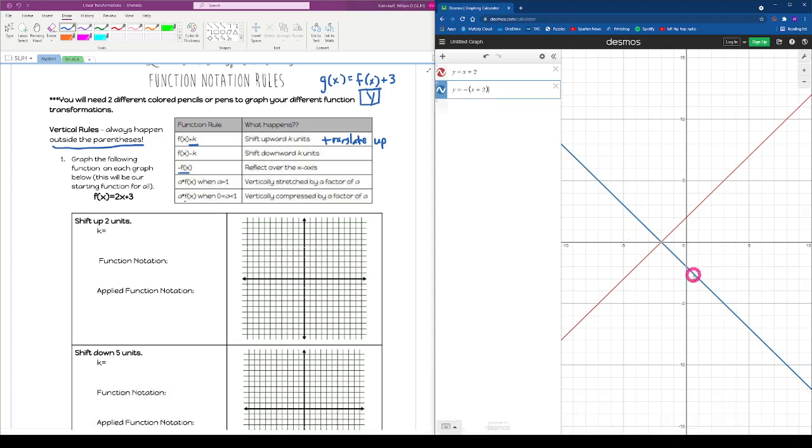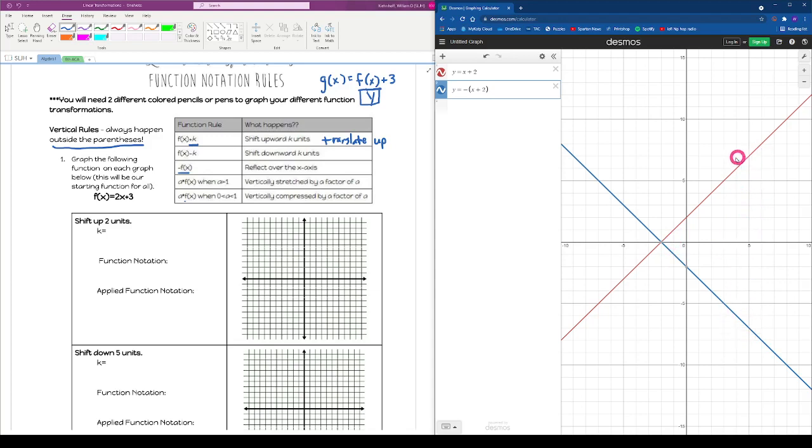then we're going to reflect this original pink or red graph over the x-axis. So we're going to reflect it from here down to the bottom. So basically think of all the y values. So this y was positive 2, now it's negative 2. This y was positive 1, now it's negative 1. This y was positive 7, now it's negative 7.